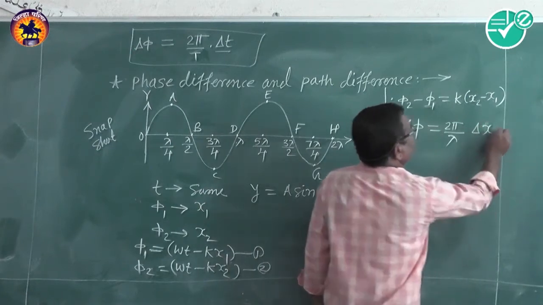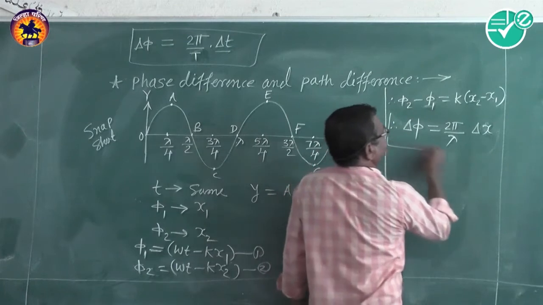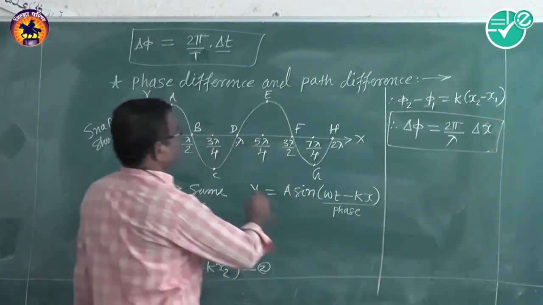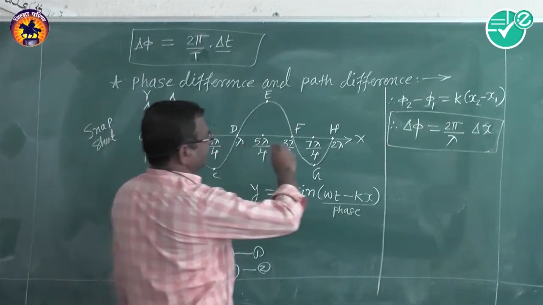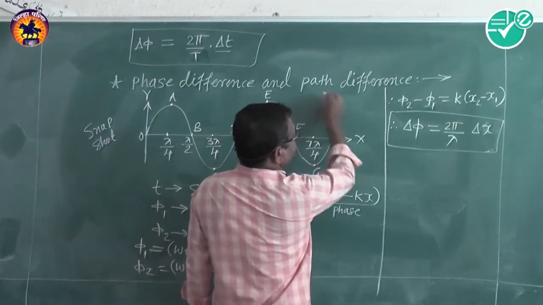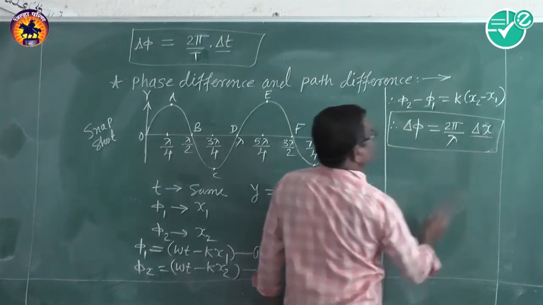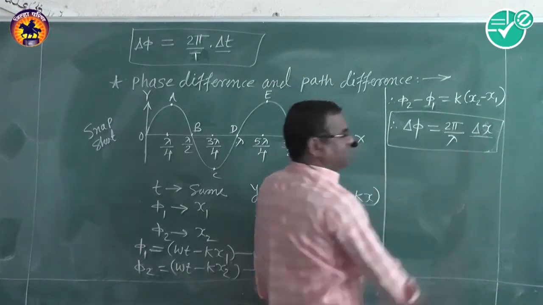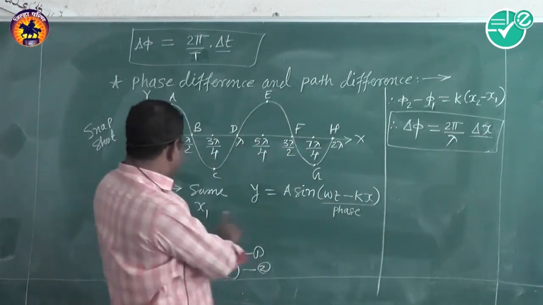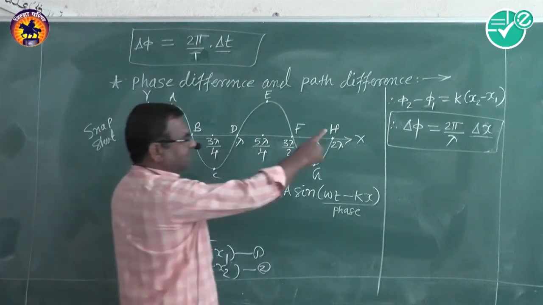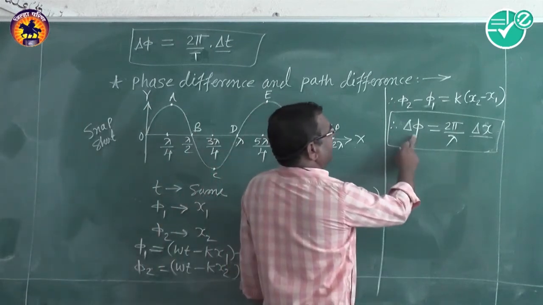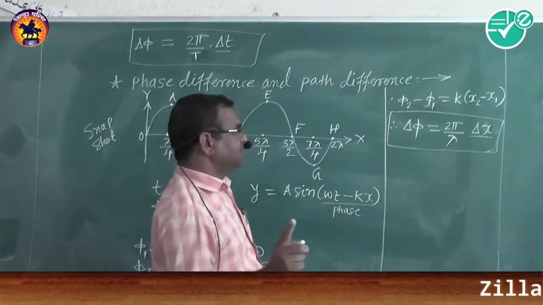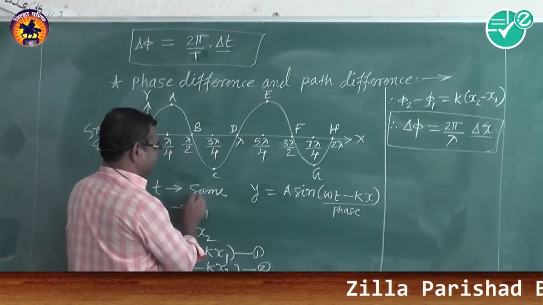This is the equation for phase difference when the path difference is delta x. This gives the phase difference for different particles at the same time. Time is the same. This equation gives the phase difference of two different particles at the same time.